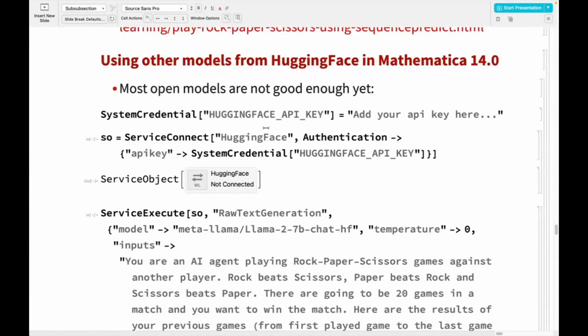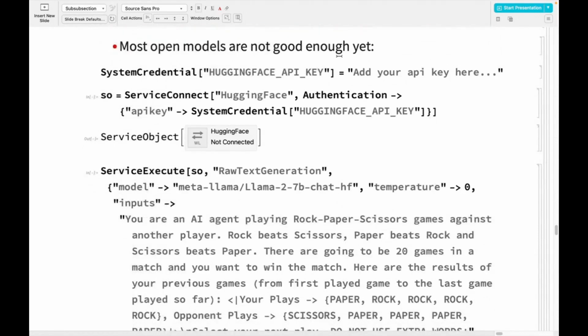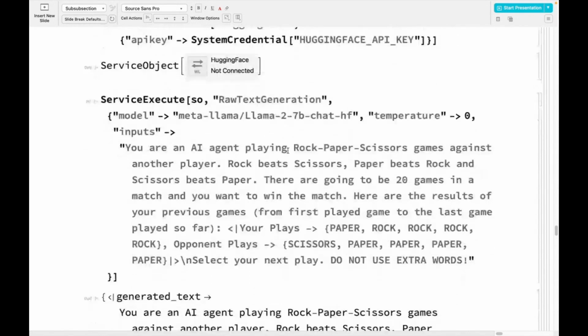And another thing that I did not try much was to use other LLM models. We could also do the experiment with Claude 2 or PaLM from Google. And starting from Mathematica 14, you will also be able to use the Service Connect to Hugging Face and run different open source large language models like Llama 2 7 billion.